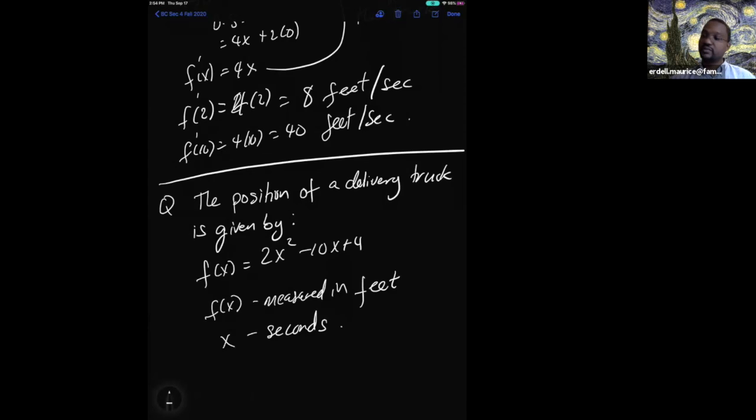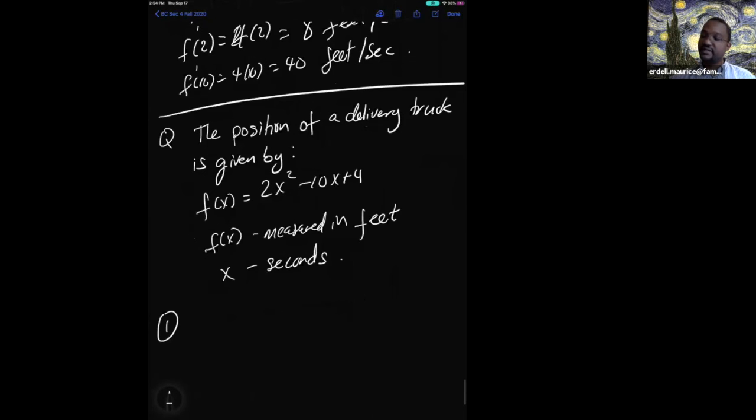So, 1, find an expression for the speed of the truck.